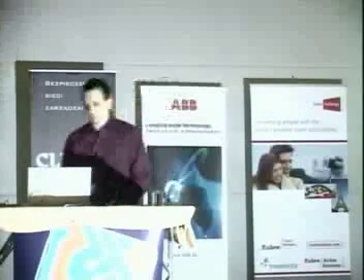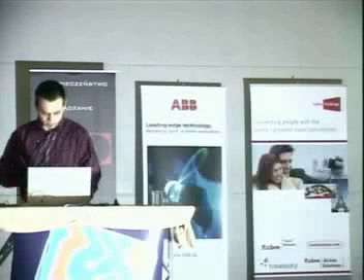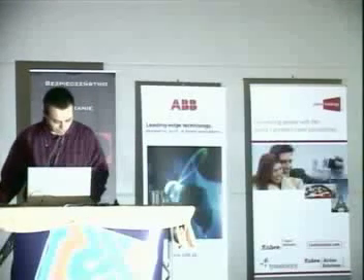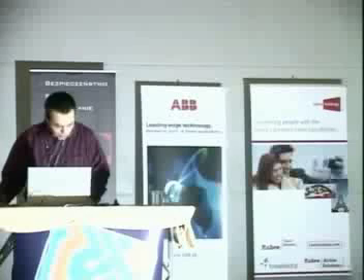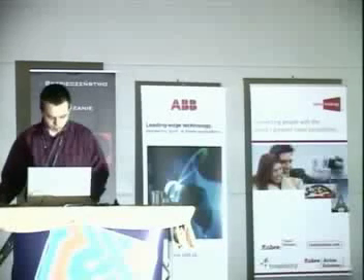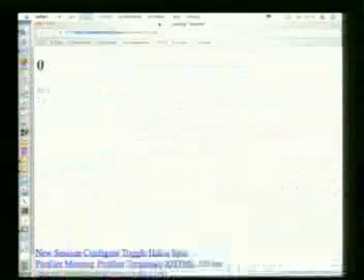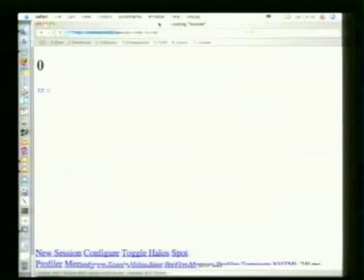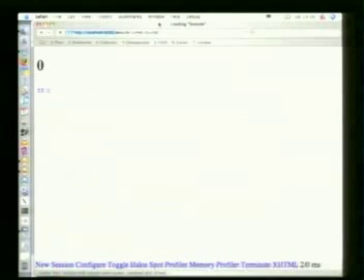And I don't want to talk about that too much. Just show you the demonstration. So we have, again, a tiny little example application where we can increase and decrease a number.